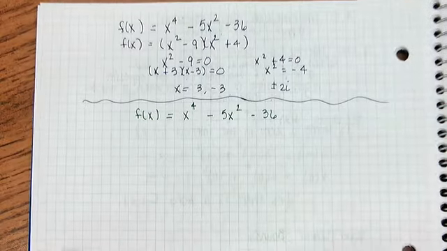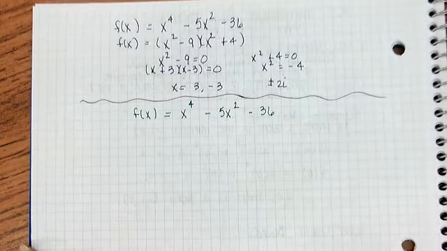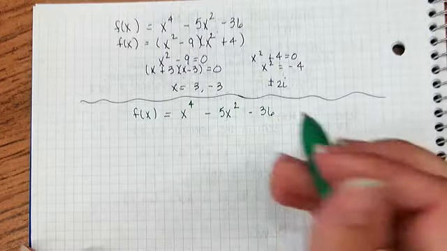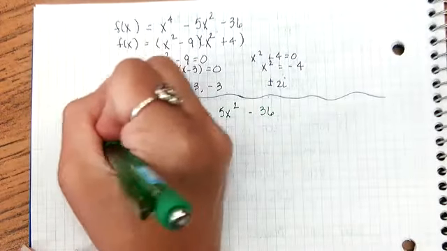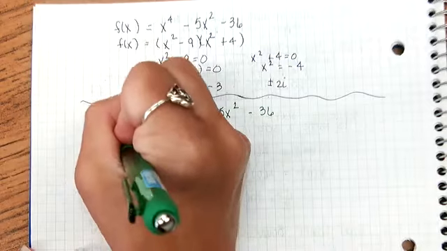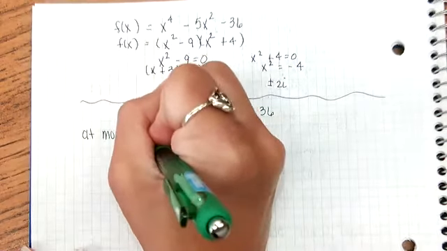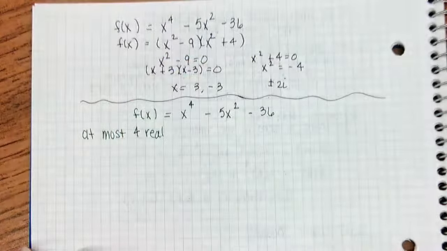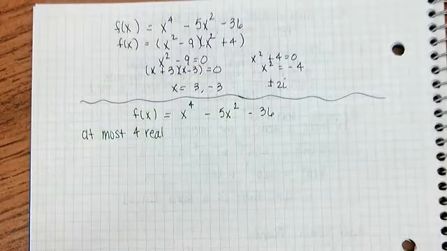The first thing I will ask you is how many real solutions? And the answer to that will be at most 4. Degree matches at most the number of real solutions.